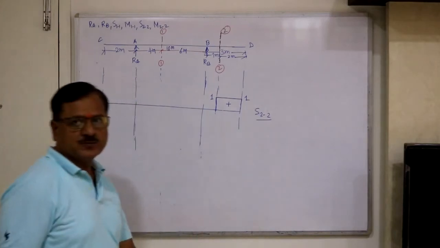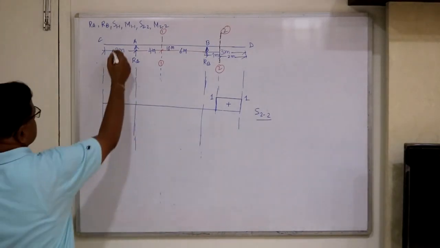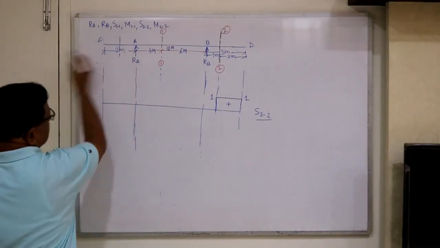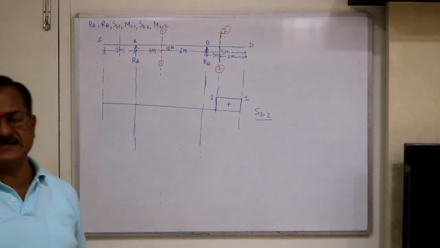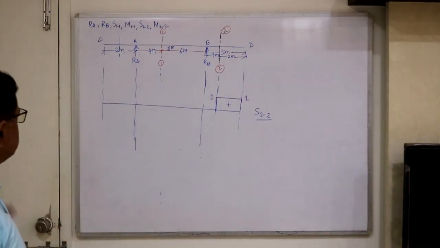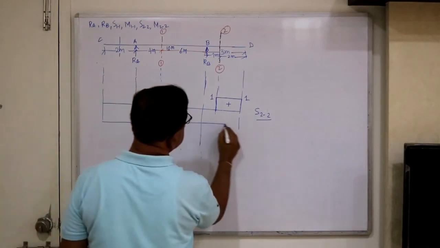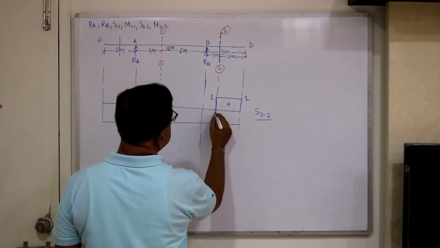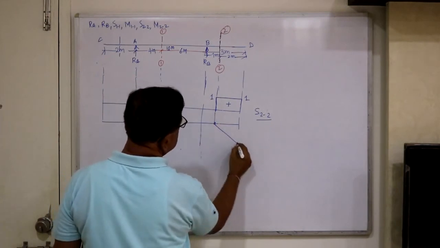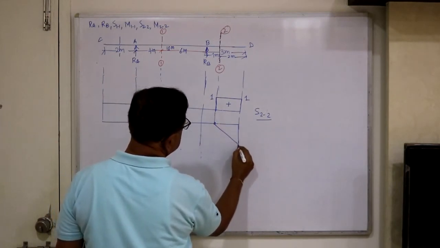This is S22. If you take a section here, then this side only exactly same, but on the left of that section you will get. And next, say if you take here hinge, so this is M22.